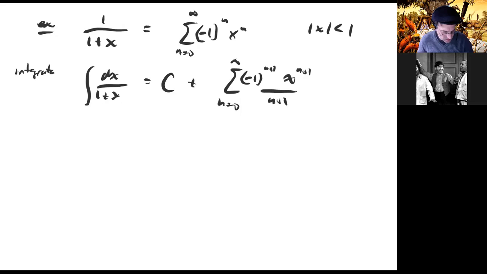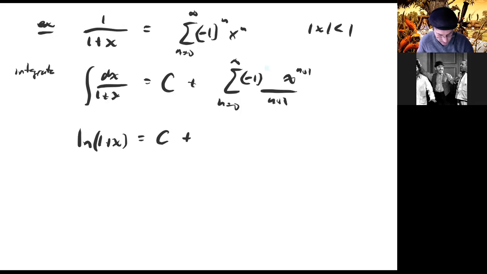So now we know the antiderivative of the left side, by doing a substitution, is ln of, let's ignore the absolute value here for a moment, 1 plus x. And that's going to be given by c plus this sum. Let me write out the terms of the sum. When n equals 0, you're going to get minus, this is not a minus 1 to the n plus 1.